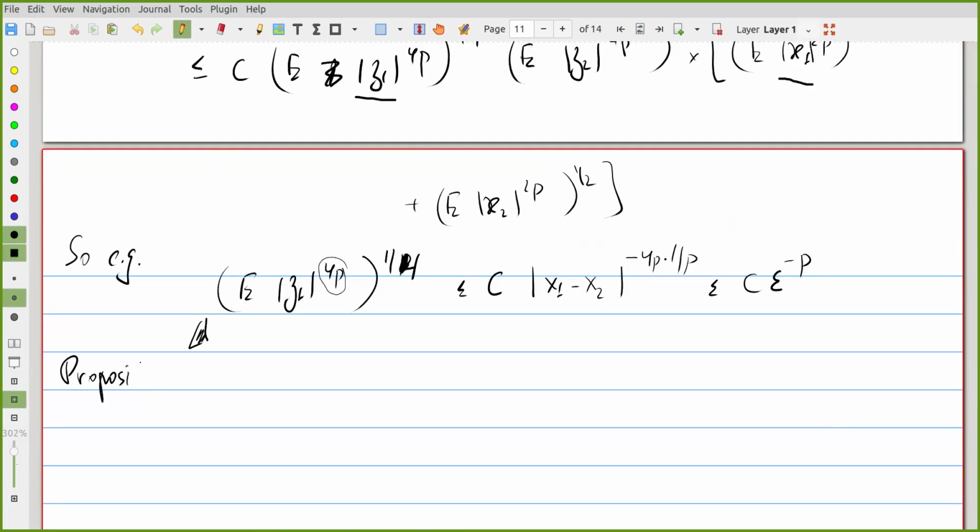And now we can formulate the proposition. The map psi_{st} is bijective, that is one-to-one, for all s, t almost surely.